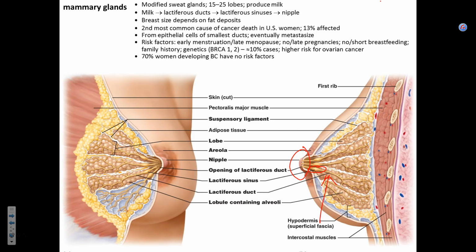Now, breast size depends on the deposits of fats. It is known that women who gain weight, their breast size increases. Women that lose weight, their breast size decreases. It's largely determined genetically.